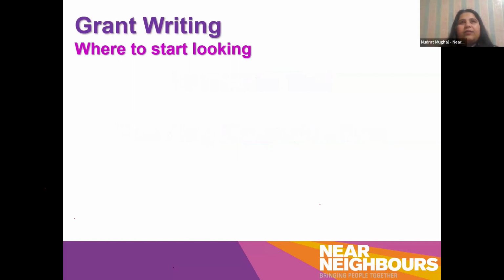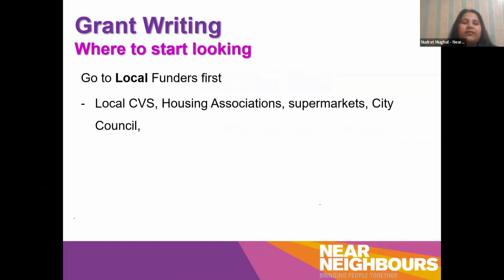So the first point should always be going to your local funders, and that would include your local CVS, which is the community voluntary sector organizations, any housing associations that might be closer to where you are, or the area of work in which you want to support the communities.